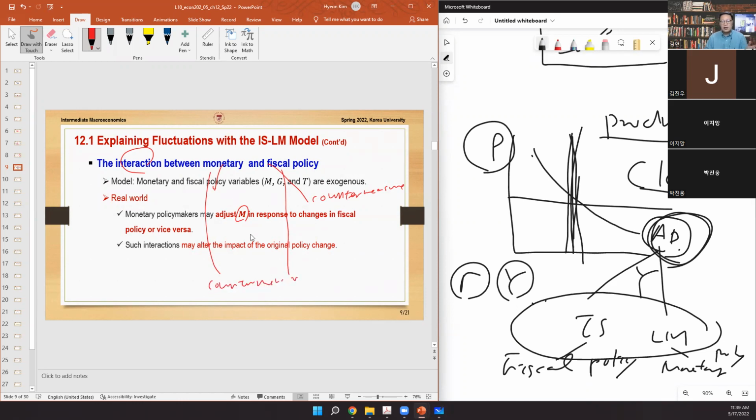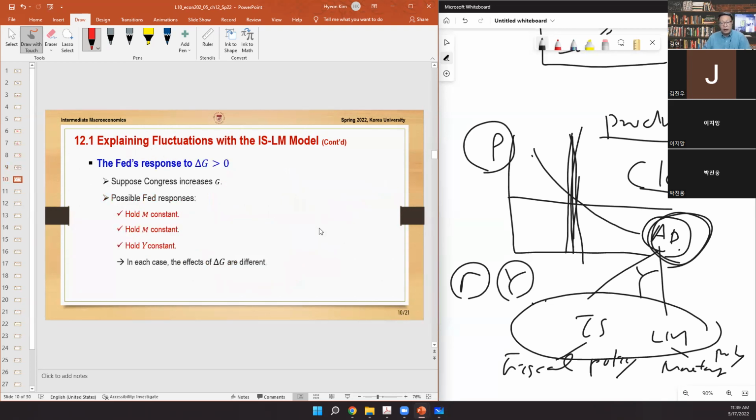That means this is not only a one-time change. It looks like tiki-taka, some interaction between them. So we have to think about what happens in the interaction between monetary and fiscal policy. In the textbook, he chose 3 different cases.